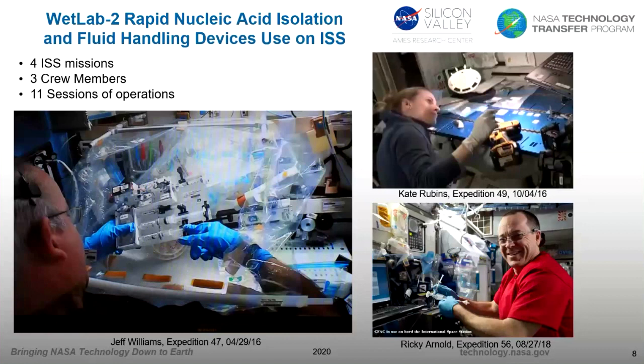You'll see Jeff Williams in the bottom there using the sample prep module. In the upper right, Kate Rubins, you can see one of those rotors with the tubes in it and the drill that it's spun on. And Ricky Arnold also has used the system, and his hand might be a little hard to see, is one of those debubblers that allows us to debubble the RNA. So the system's been actively used and it's been working well.